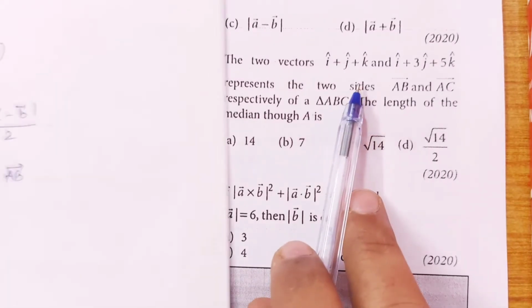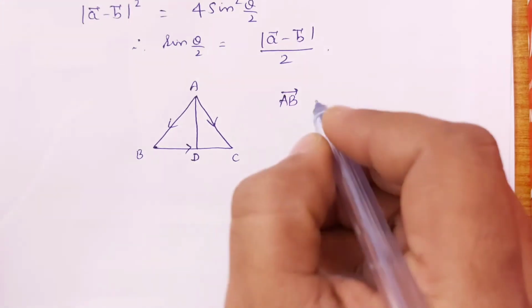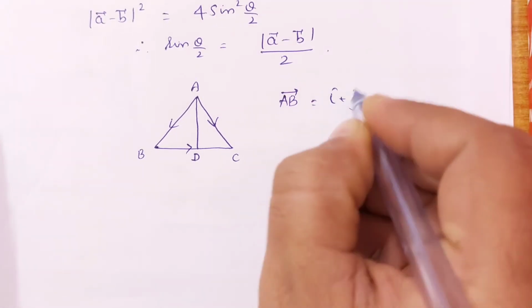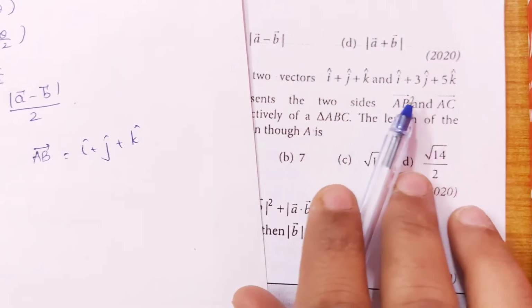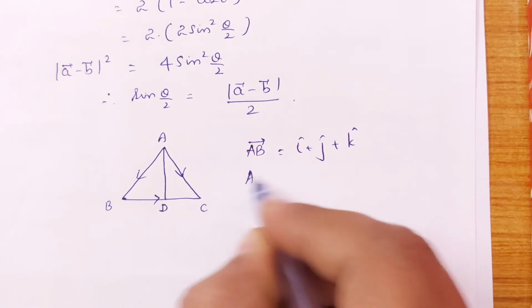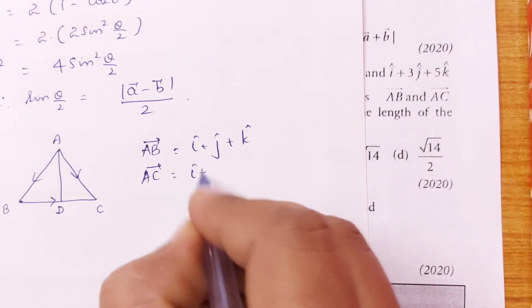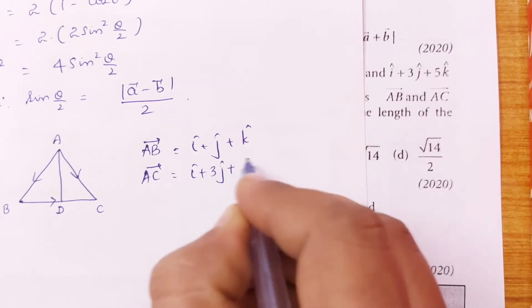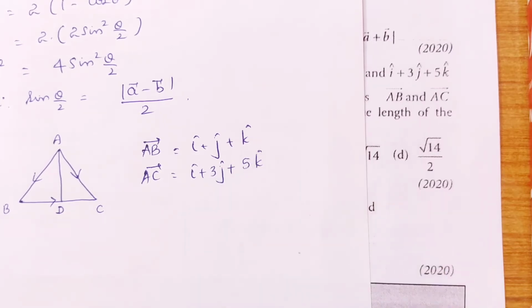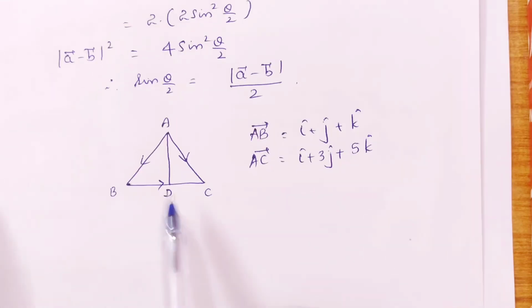Vector AB is i plus j plus k, and AC vector is i plus 3j plus 5k. Now we need to find vector AD.